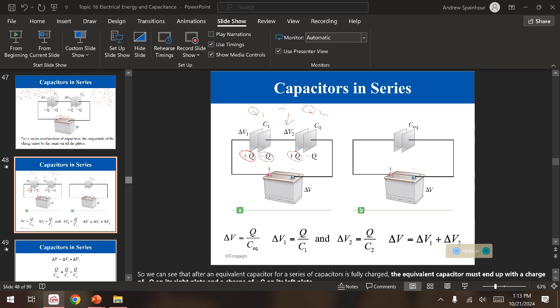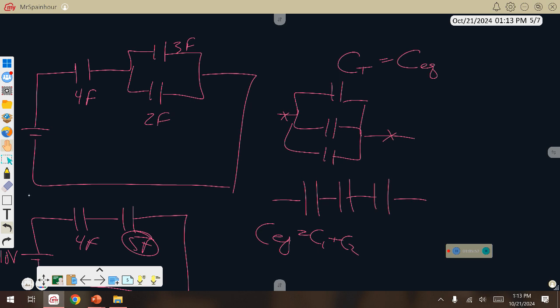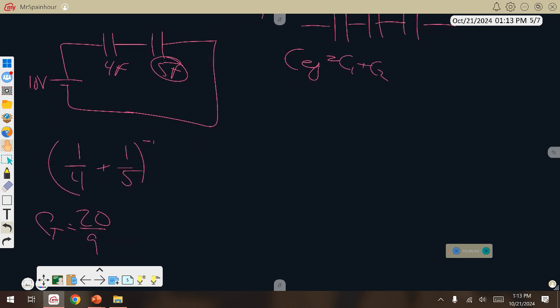So, I said at the beginning of that problem that what you're trying to do is get the charge and the voltage on every single capacitor. I figured out that the total capacitance is 20 farad. Do I know the total voltage?